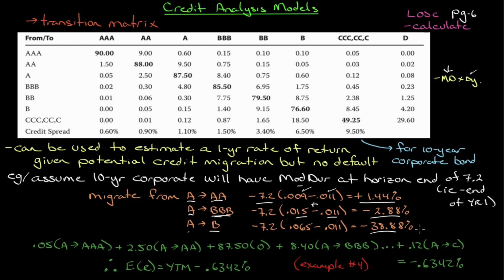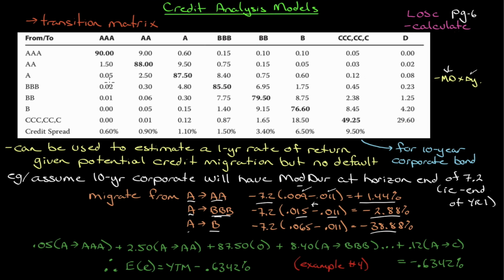So we can calculate each of these credit migrations for each of the bonds or each of the credit ratings that we have. But we want to calculate an expected return for the bond as a whole, regardless of any one particular migration, but just any transition at all. Well, we need two things to do that. Well, we need this row. This gives us all the probabilities, right?